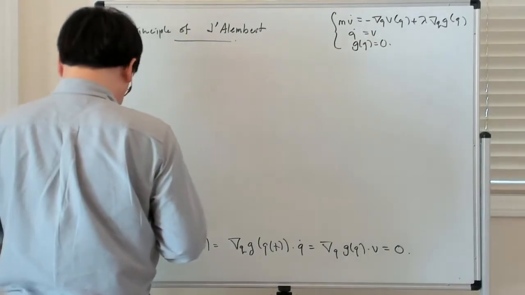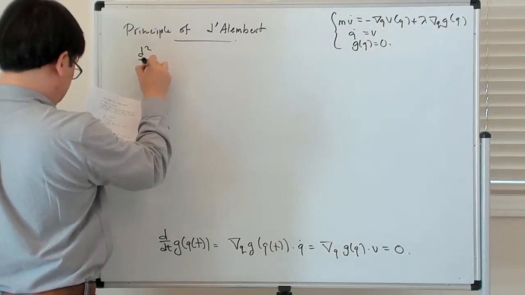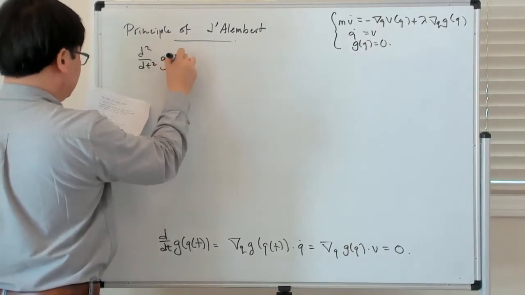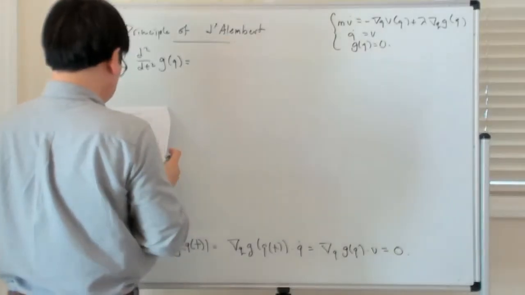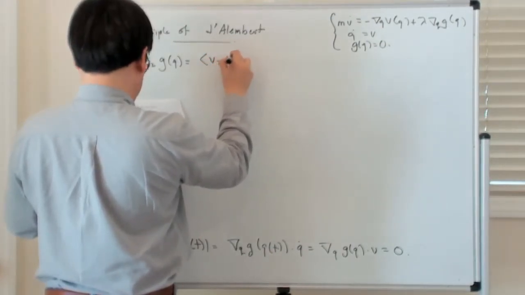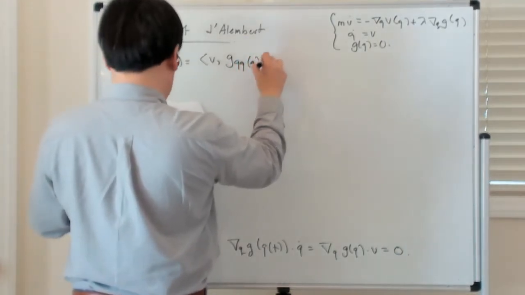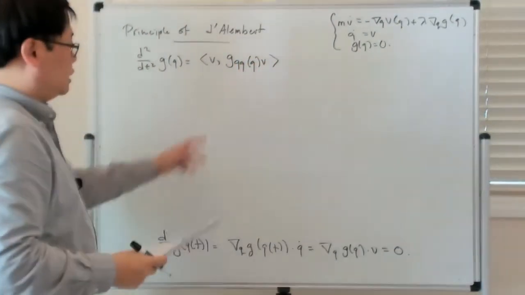Okay, so I can differentiate this once more. So d squared dt squared of g of q is equal to v paired with g_qq, right? So this is like a quadratic form.